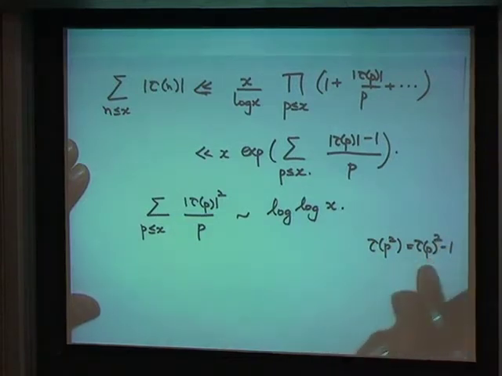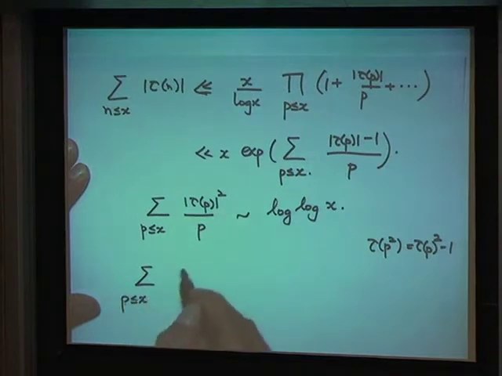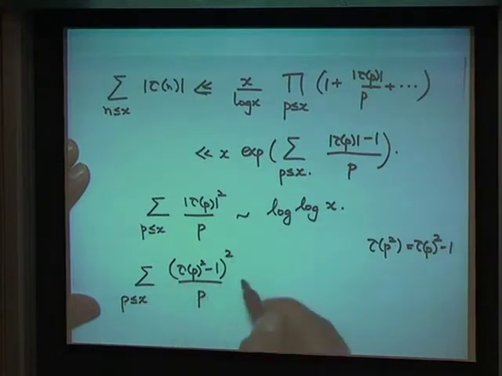This is an object which we know comes from something on GL3, so you can do Rankin-Selberg on that. So I have another expression which looks like this. Tau p squared minus 1 squared over p is asymptotic to log x also.